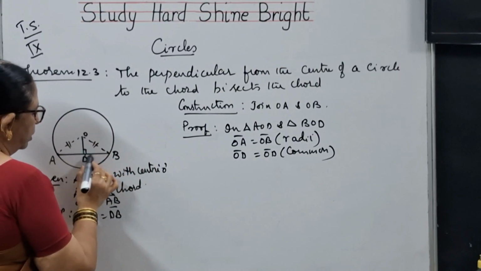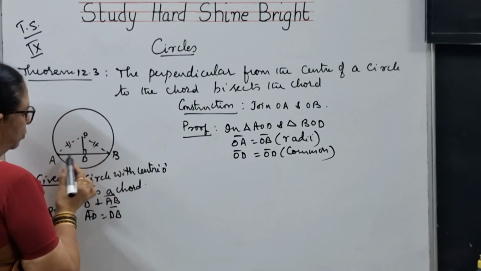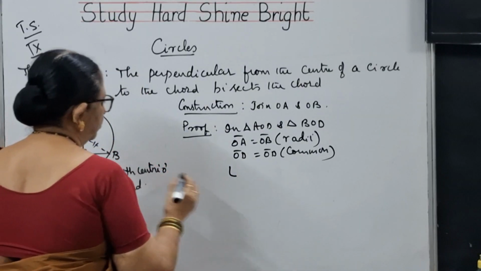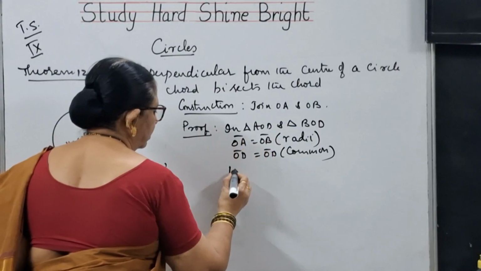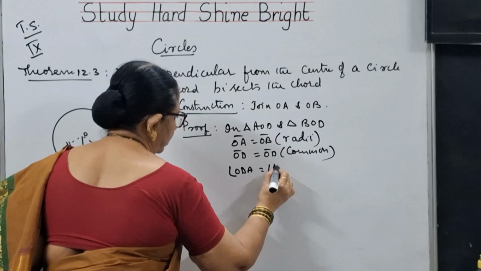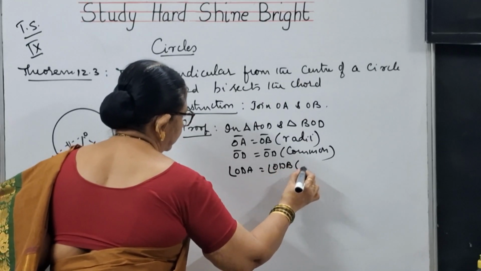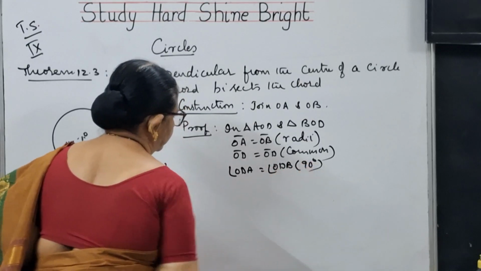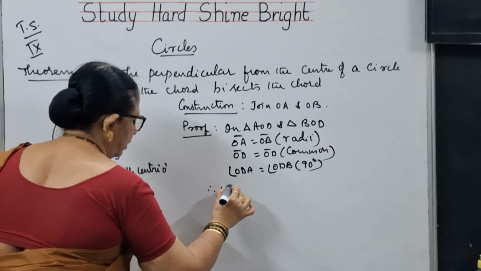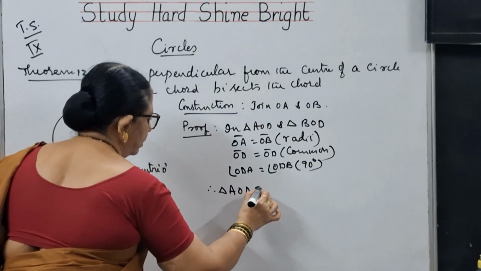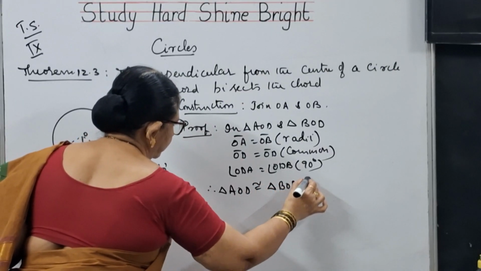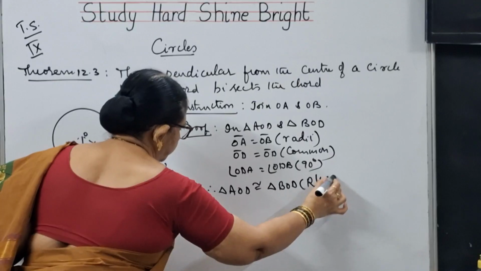So angle ODB is equal to angle ODA, that is 90 degrees. Therefore, triangle AOD is congruent to triangle BOD based on the RHS property.